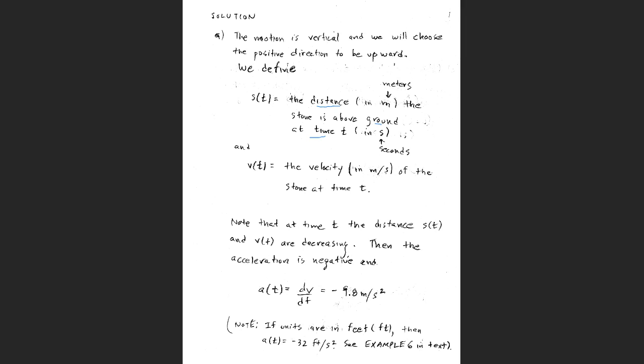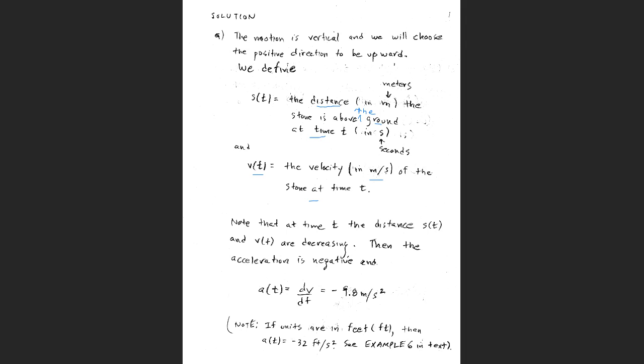It's important that we denote our units. On the other hand, velocity in this case is going to be in meters per second, and that's just the velocity of the stone at time t.